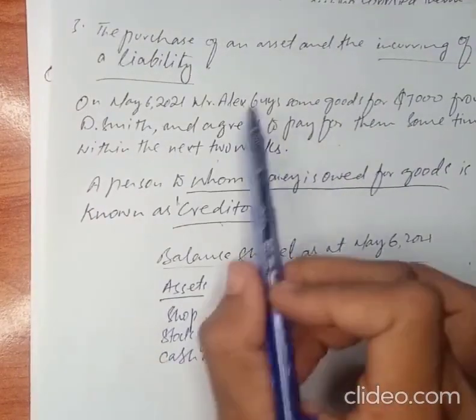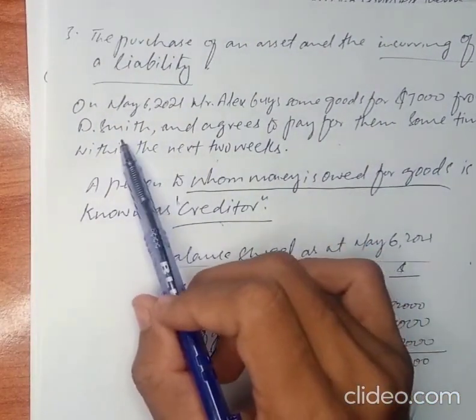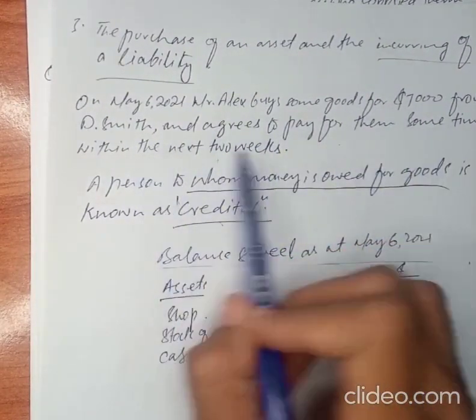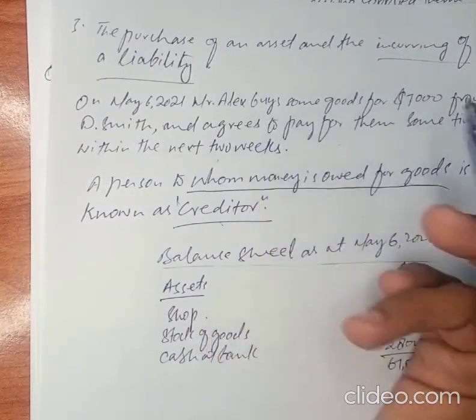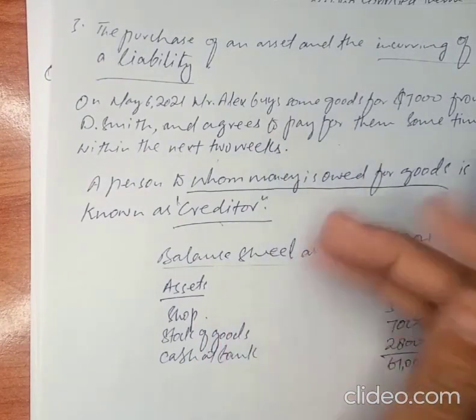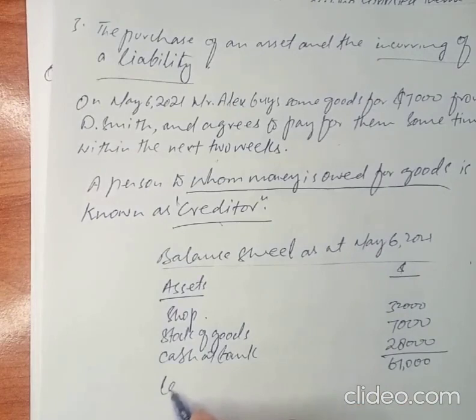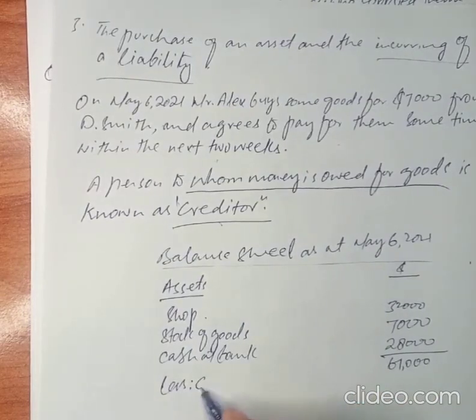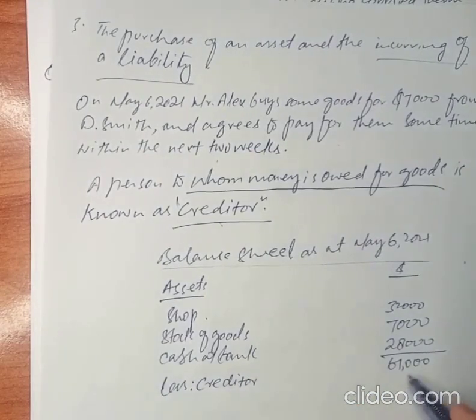So Mr. Alex buys some goods for $7,000 from D. Smith and agrees to pay sometime within the next 2 weeks. He is not paying right away. He will pay within 2 weeks, so it is our liability. So the liability we will subtract from this.